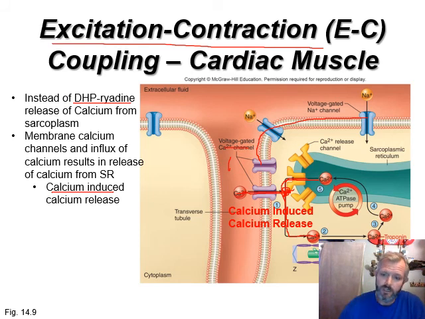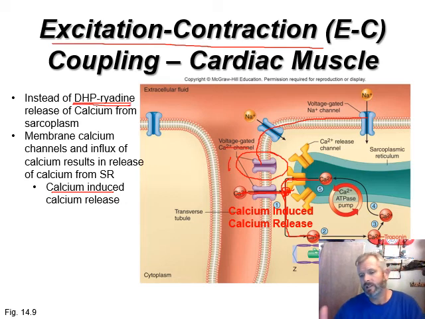So this is the one main difference, we have these voltage-gated calcium channels inducing the calcium release rather than the DHP and ryanodine that we saw in the skeletal muscle. But then once we have that calcium out, the contraction is similar because we have the same sarcomere setup as we do in the skeletal muscle.